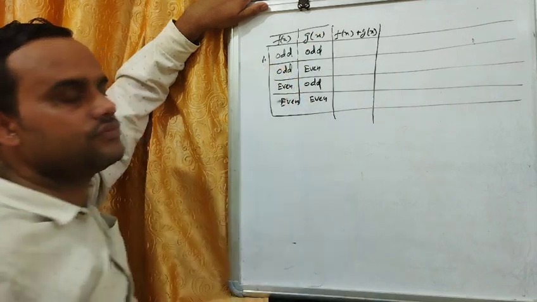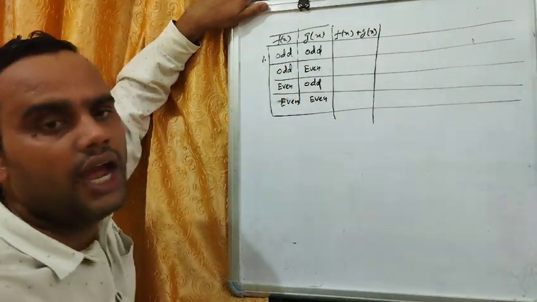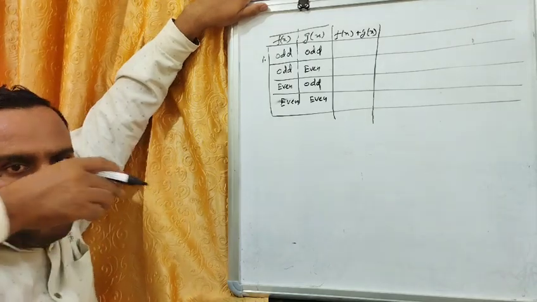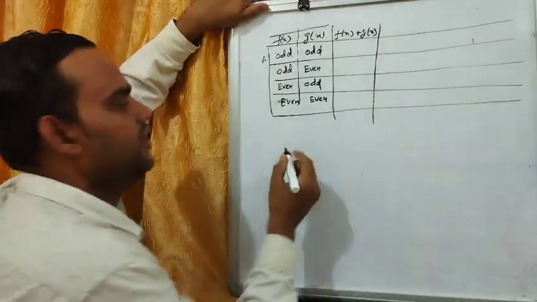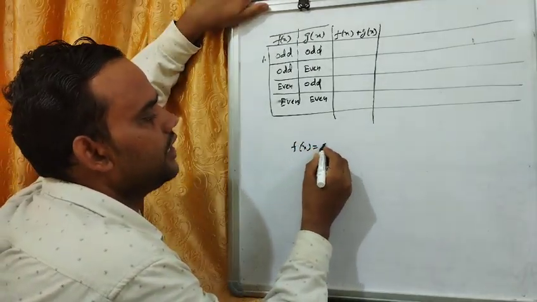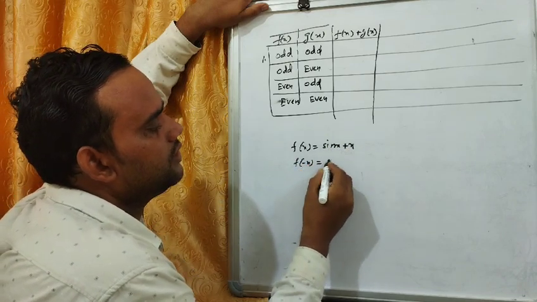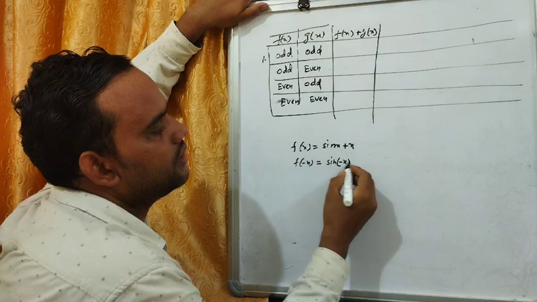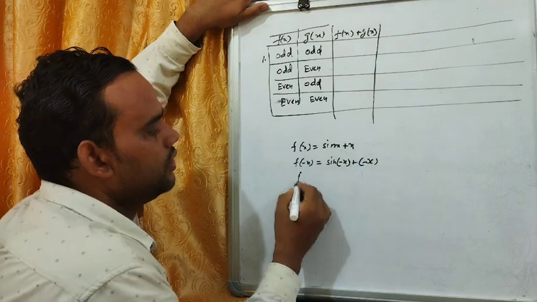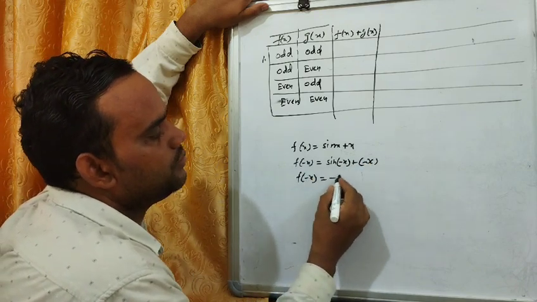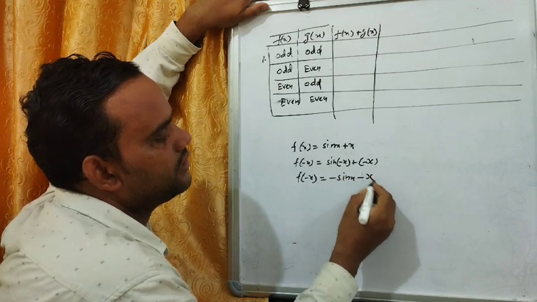So first, f of x is odd and g of x is odd. For example, I take f of x equals sin x plus x. So f of minus x is sin of minus x plus minus x, which equals minus sin x minus x.